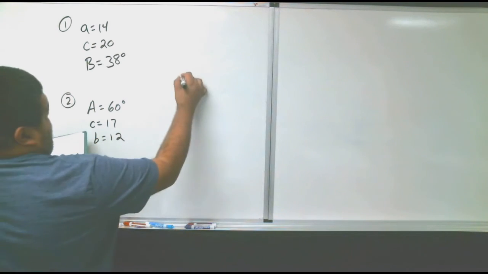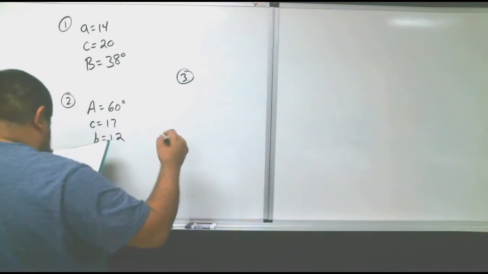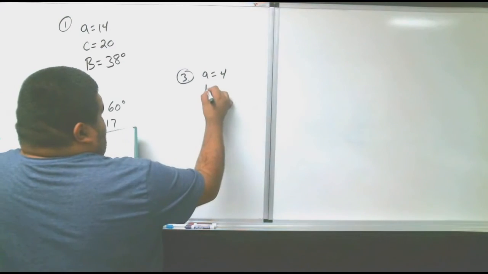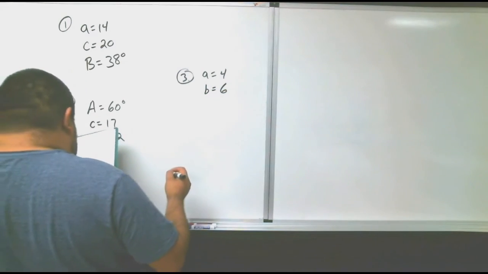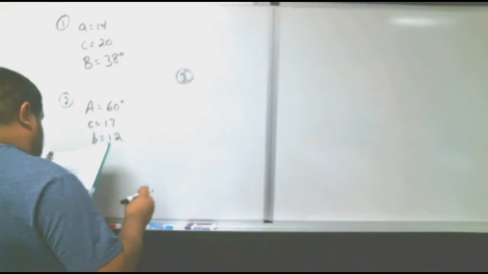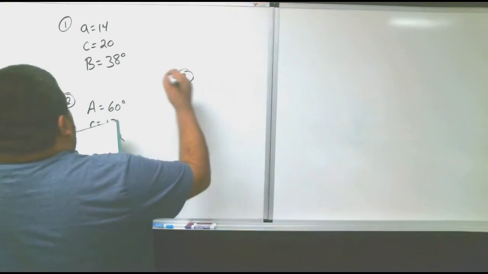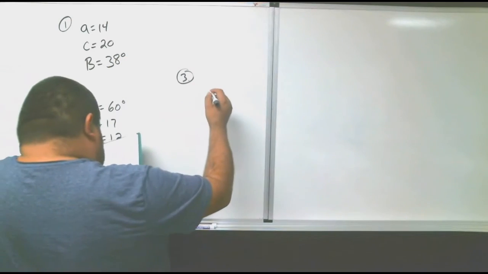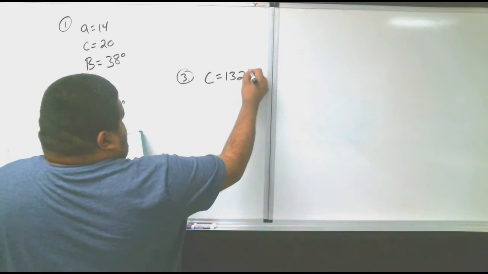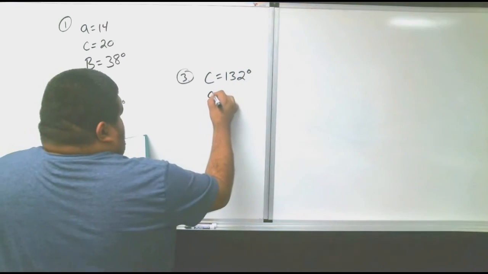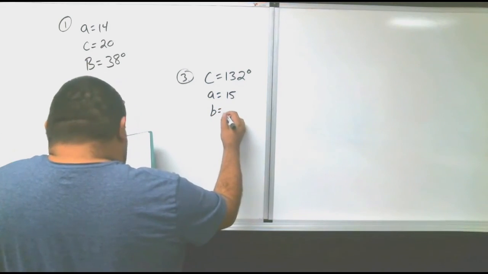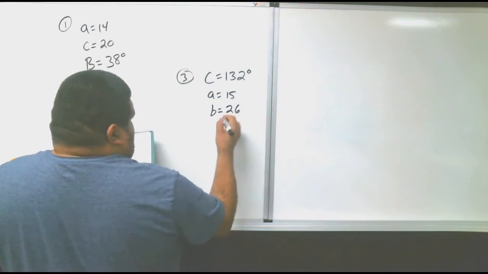And then for the last one, little a is 4, little b is 6. Here, let's change that one because that one gives you all three sides and you'd have to find the angles. Let's use C equals 132 degrees, A is 15, and B is 26. Okay?